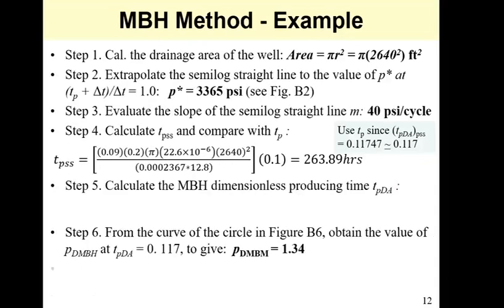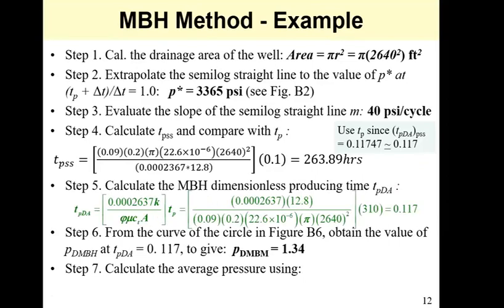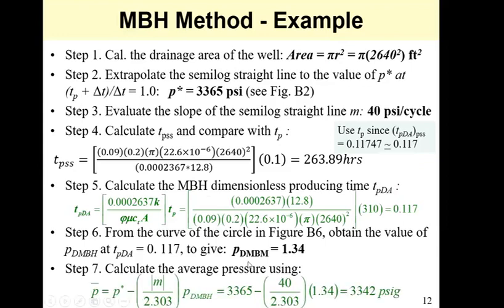This would give you a value of 1.34, and substituting 1.34 into the equation for the average reservoir pressure would give you 3342.